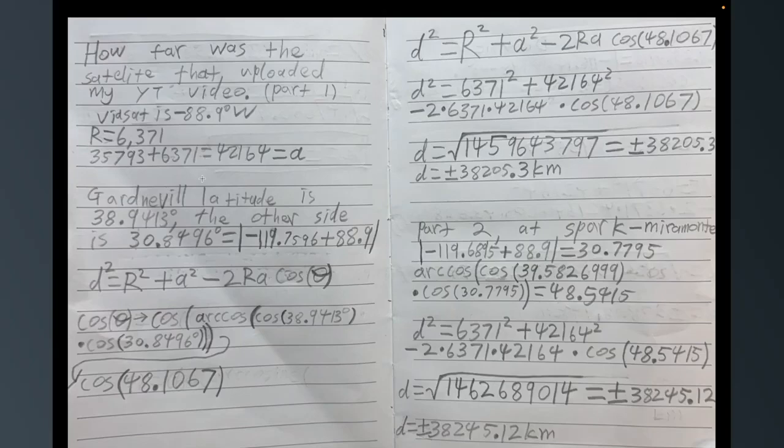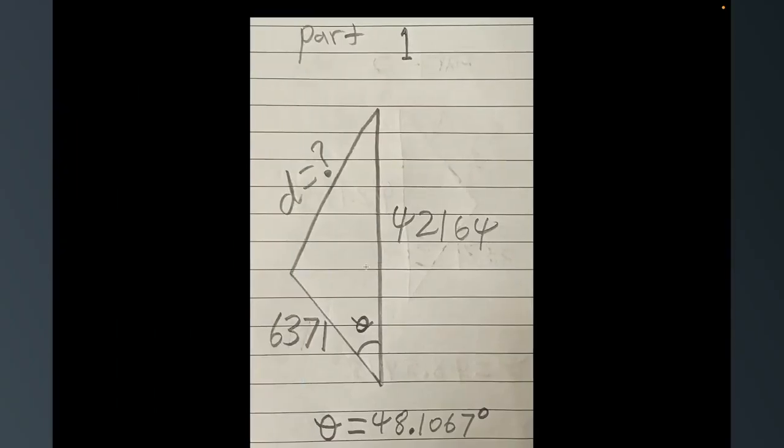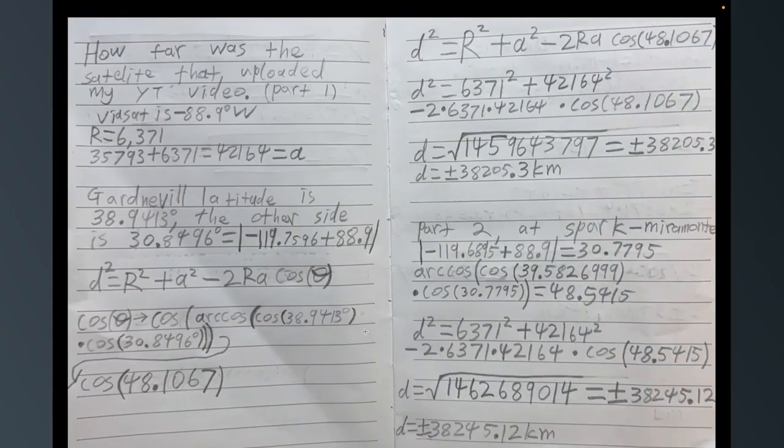So the distance from the core of the Earth to the satellite is this. The core of the Earth to the satellite, it's this many kilometers, and the radius of the Earth is this many kilometers. And the angles here, let me show you how I got the angle.